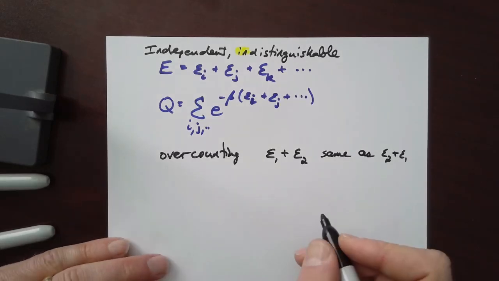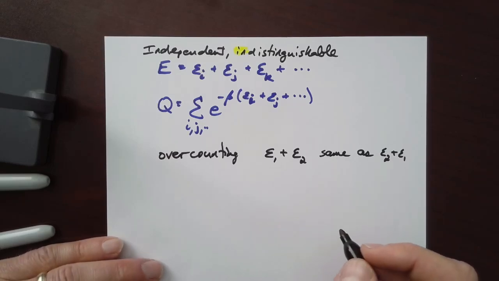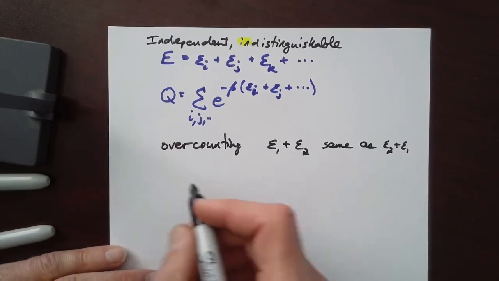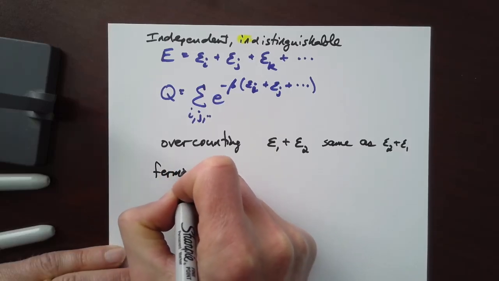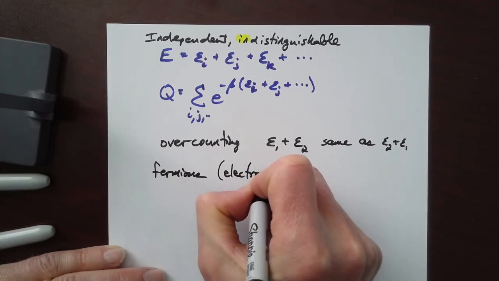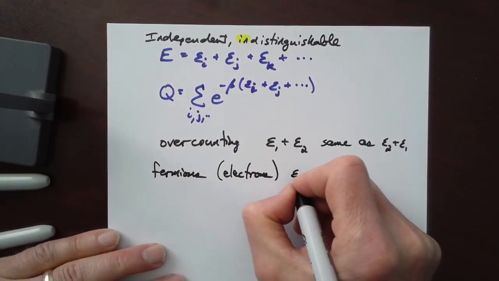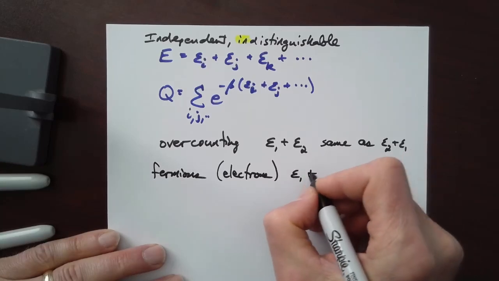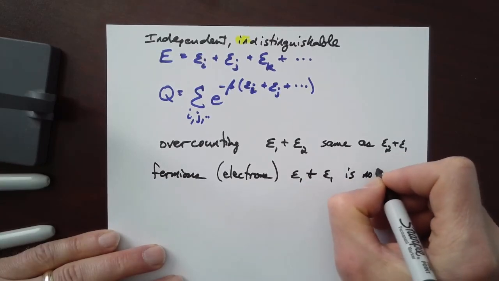And this is a problem for both fermions and bosons. So fermions, this is like electrons. E1 plus E1 is not allowed.